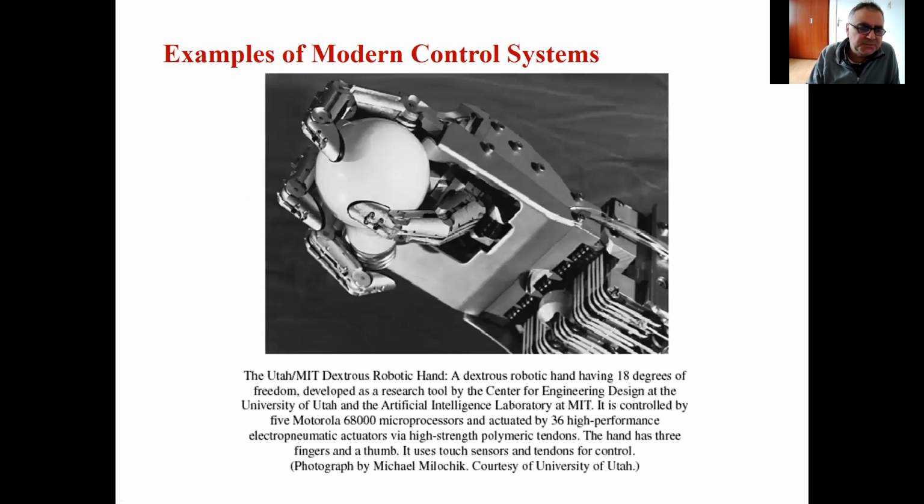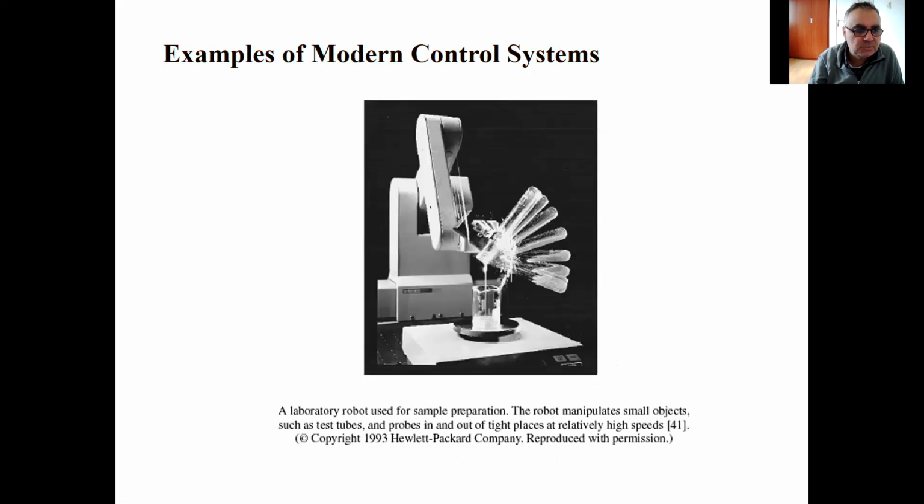Some examples are a robotic arm, a dexterous hand which holds a ball inside it. This has 18 degrees of freedom, for example. And all these devices you see, the Boston Dynamics examples, are made possible by the use of control systems, obviously.